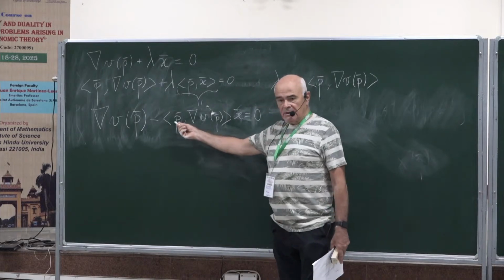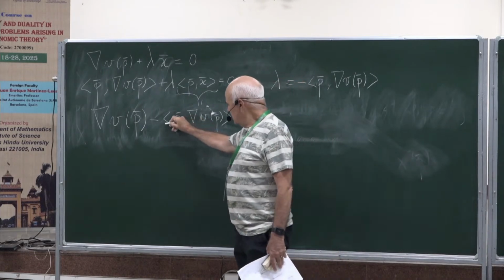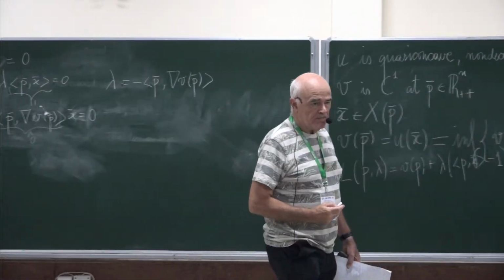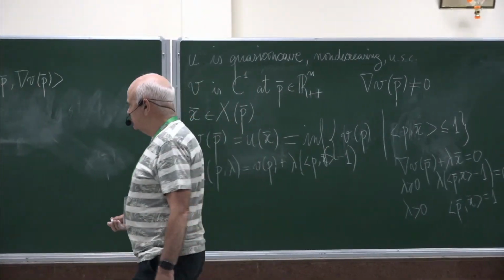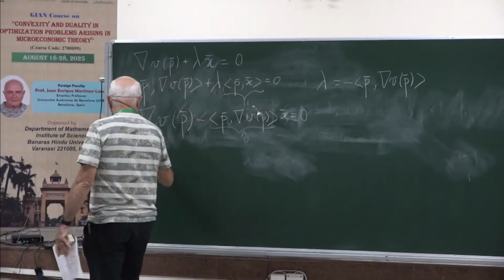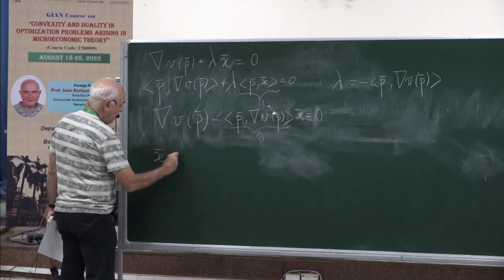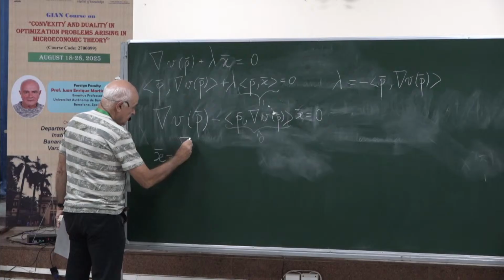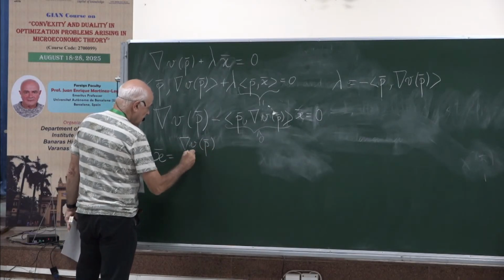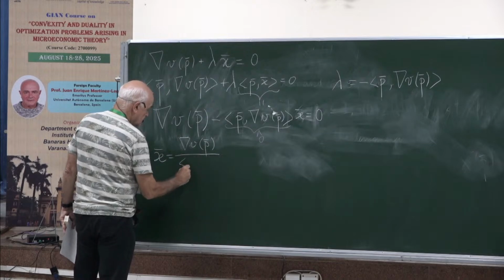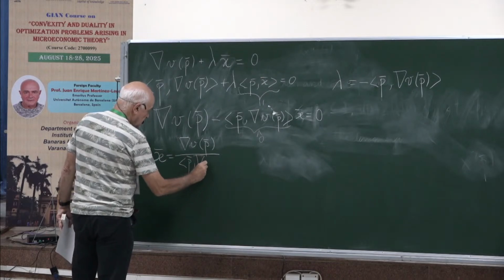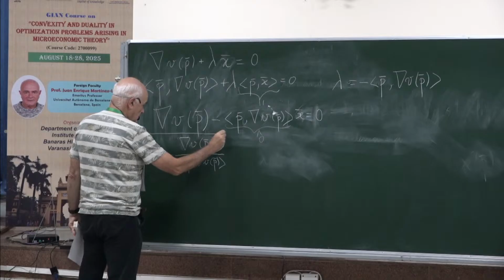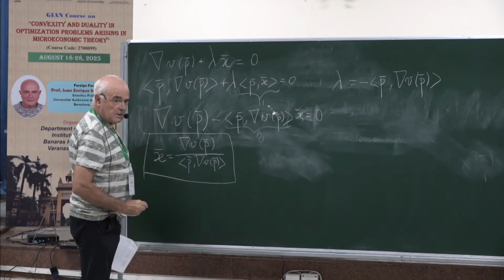And thanks to the fact that this product is different from 0, is strictly negative, as I justified, we can solve this equation for X bar. So X bar is equal to the vector gradient of V of P bar divided by the scalar P bar times gradient of V at P bar. And this is Roy's identity.